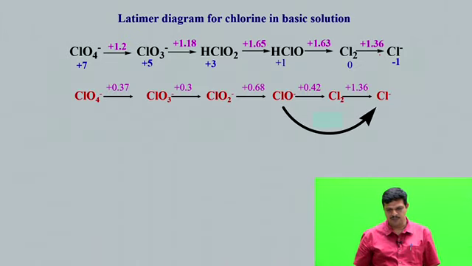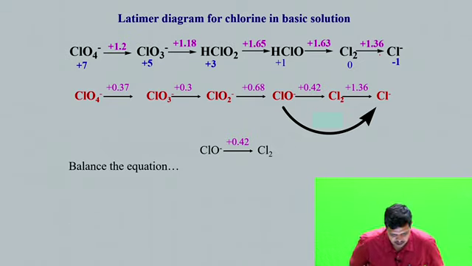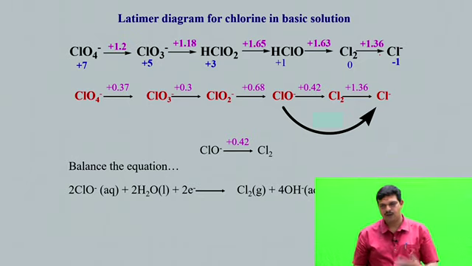You can also calculate what the disproportionation couples and the comproportionation couples are, but it is not instant. You have to calculate, and then you have to judge it. That is fine, but it is a little time consuming.